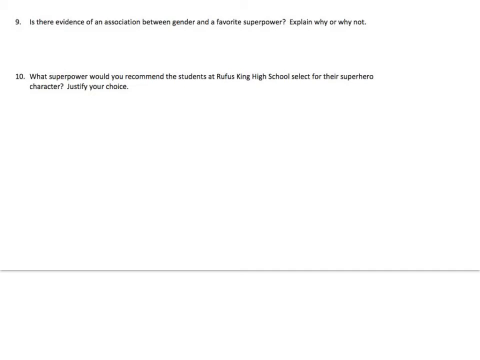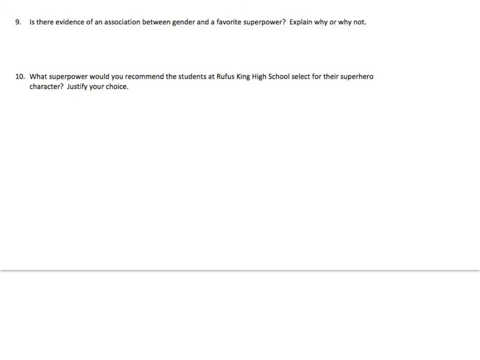We just talked about the definitions of association. And the definition, I'm going to read it again. I know I've read it a ton of times, but one more time. The evidence of an association is strongest when the conditional relative frequencies are quite different. If the conditional relative frequencies are nearly equal, then there's probably not an association.